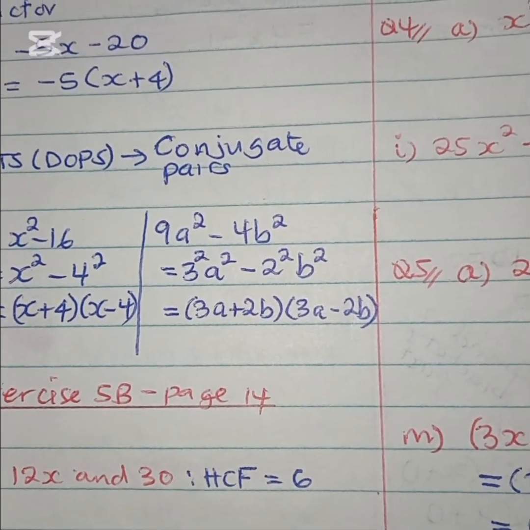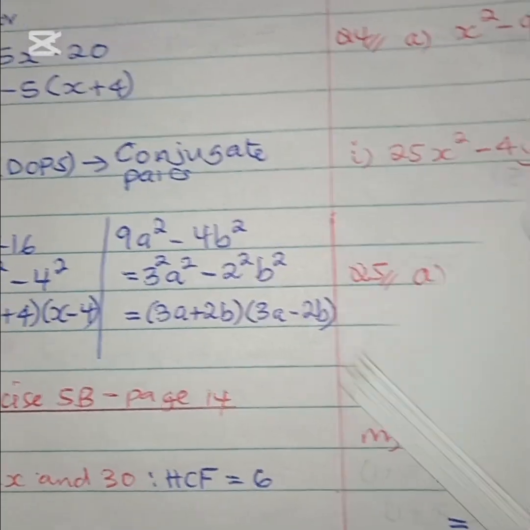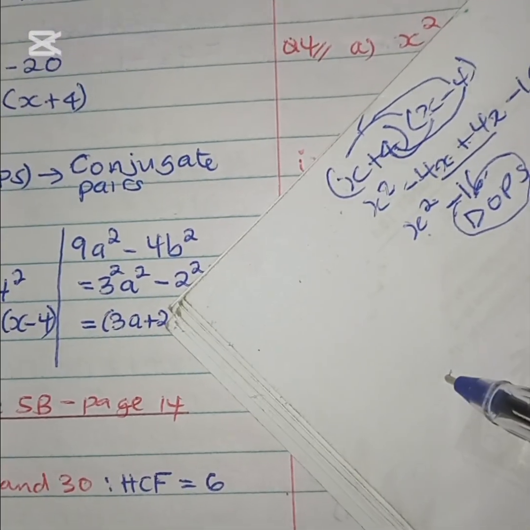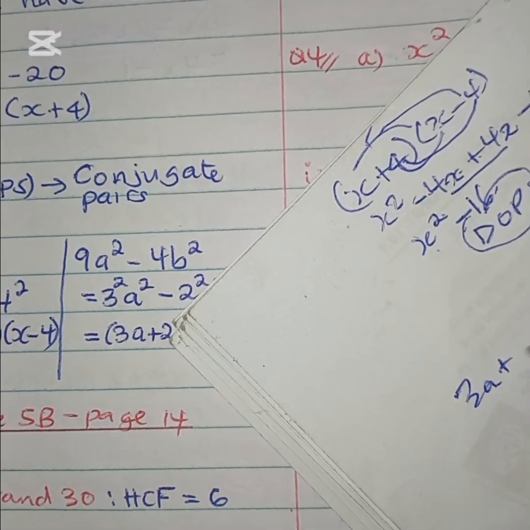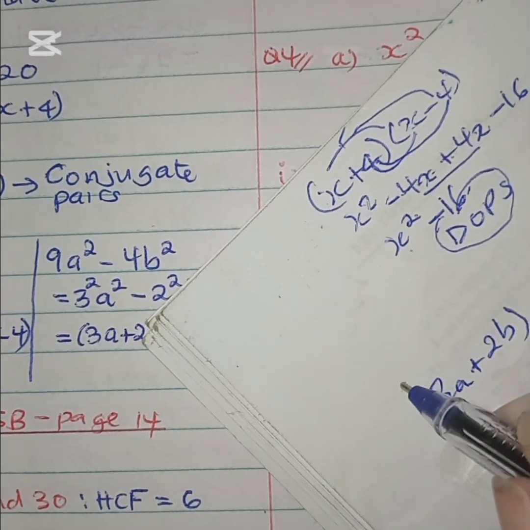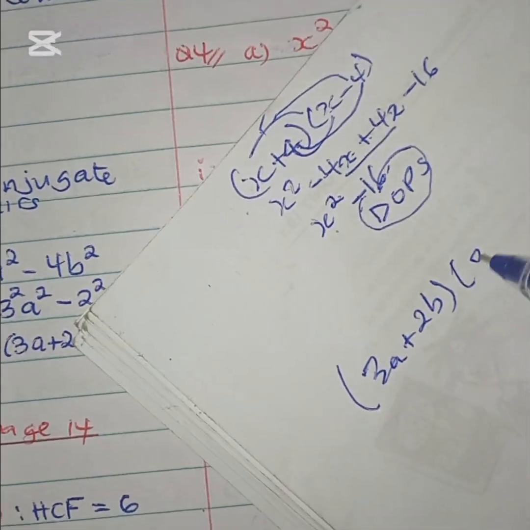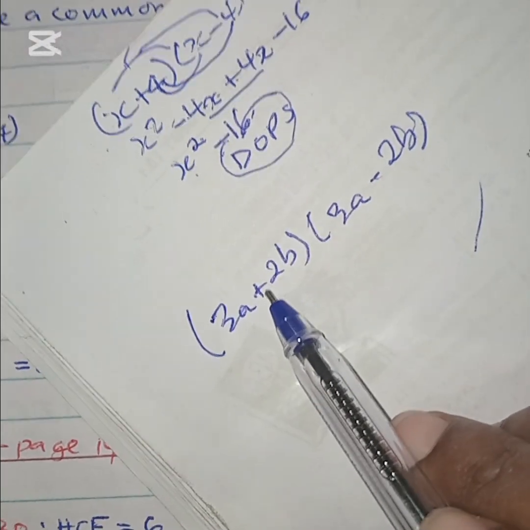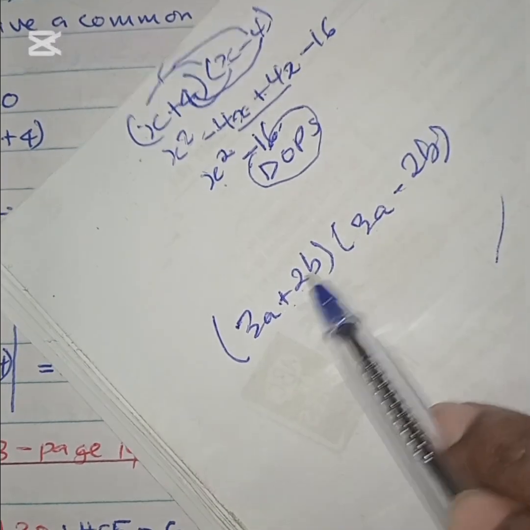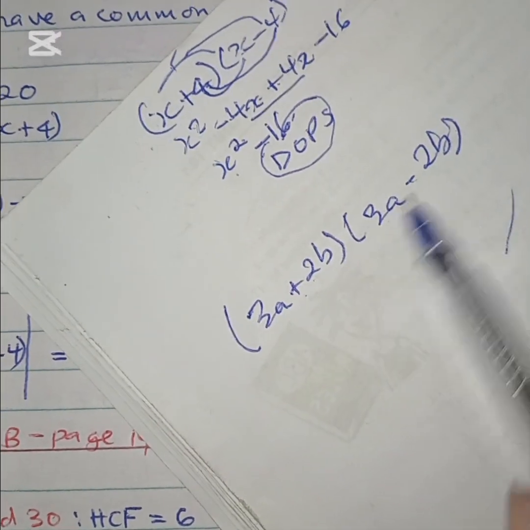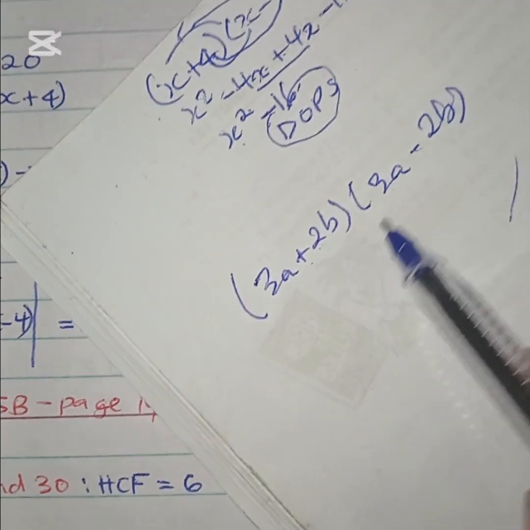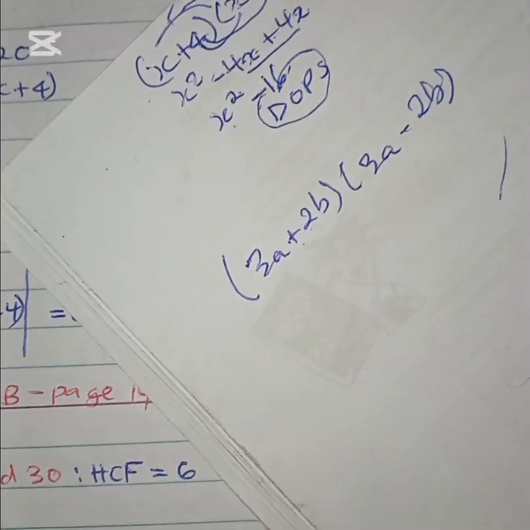And again, you can expand, reverse the process to proof check your answer. So we have 3a plus 2b times 3a minus 2b. And as we learned earlier, when you have a conjugate pair multiplying, you can get a difference of 2 squares as the answer.